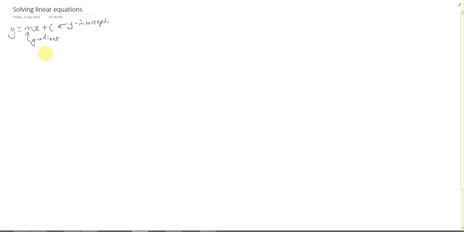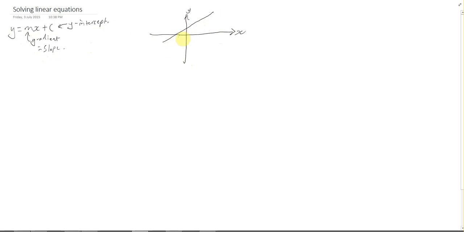By the way, the gradient is just a fancy word that means the slope of our line. And a possible look for a linear equation will be something along the lines of this. So linear basically just means a straight line equation.